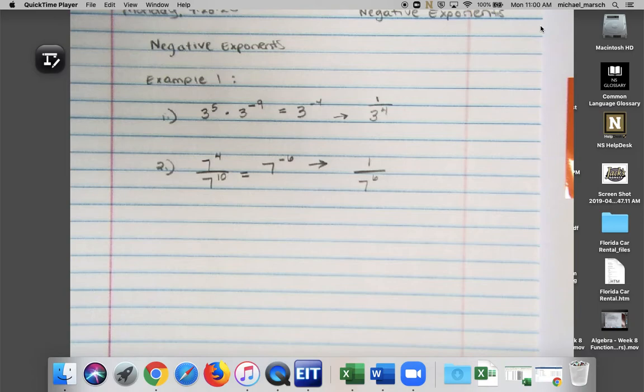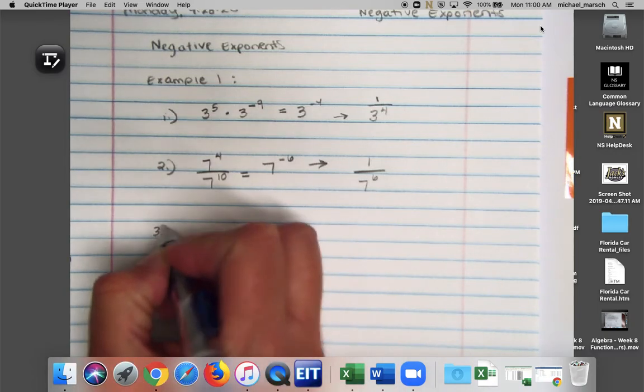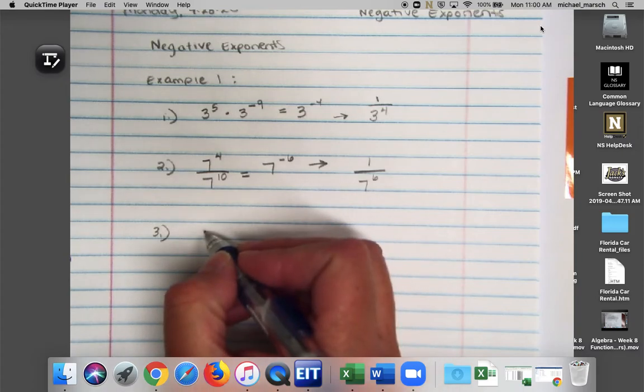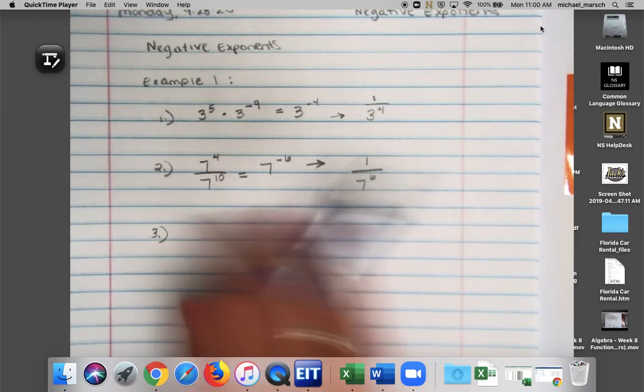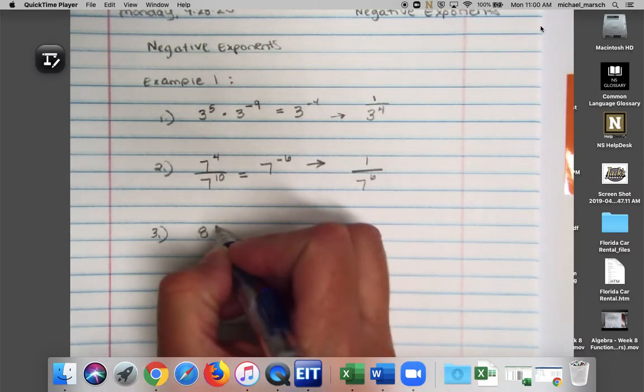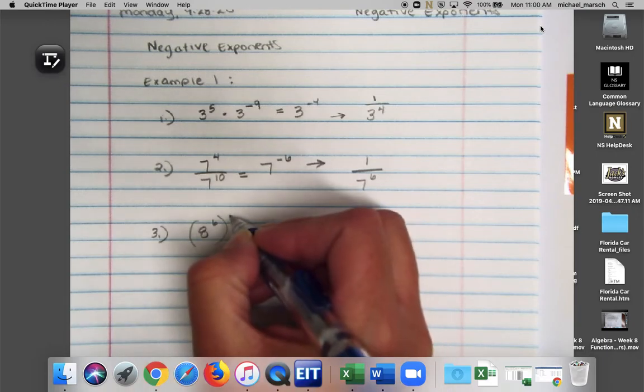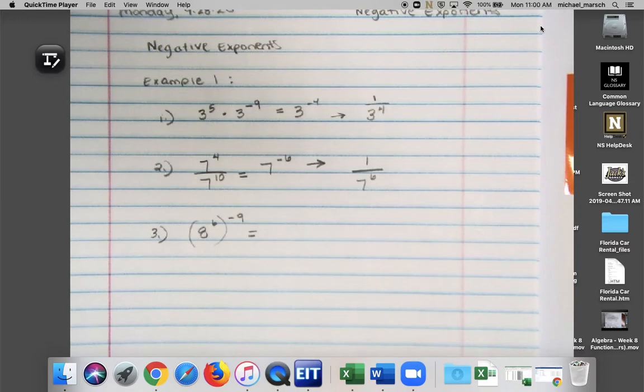How are we feeling about this? Fine. Decent? Okay, let's do another one. What if I have, let's not use 3 again. 3 is overused. Let's say 8 to the 6th raised to the negative 9th. What will I get when I do power to a power? So what will be my first step? What will I get? Savannah?